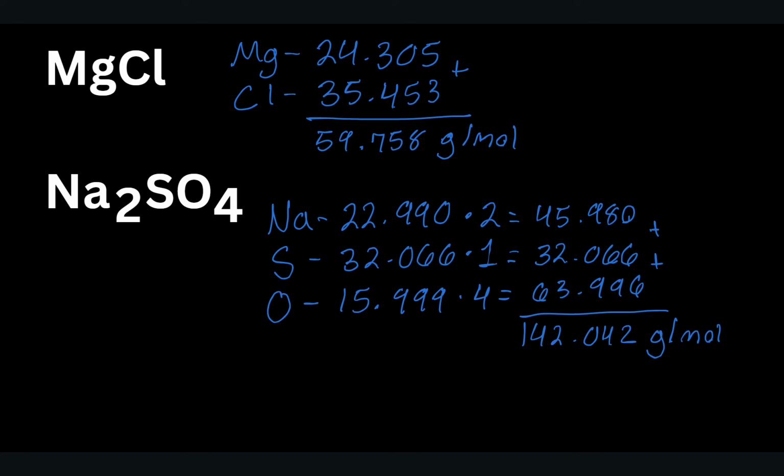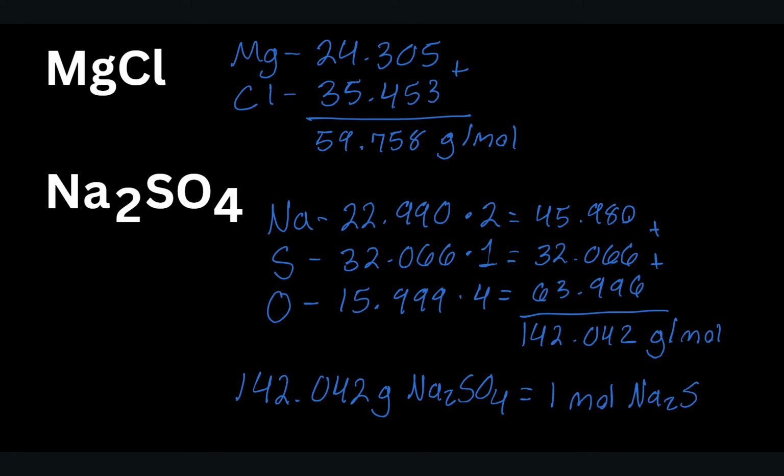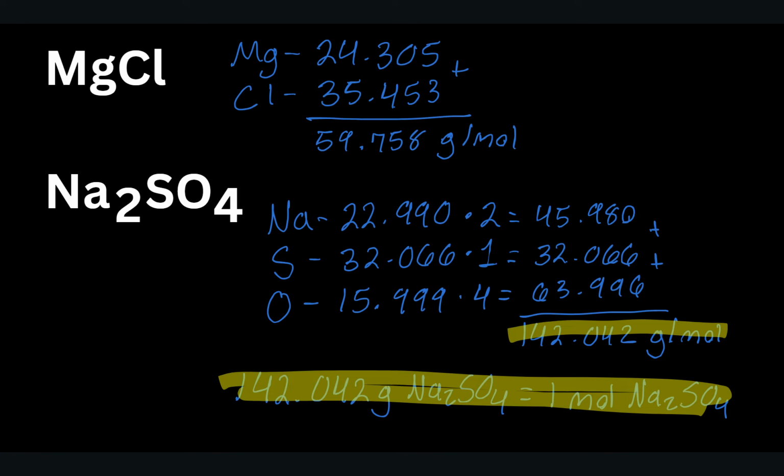So we're going to get 142.042 grams of our Na2SO4, and we're going to set that equal to 1 mole of our Na2SO4. These two things are the exact same. They're just a different way to look at it. This bottom way is going to be an easier way to look at it, especially when we talk about stoichiometry. All right, let's take a look at our last example.